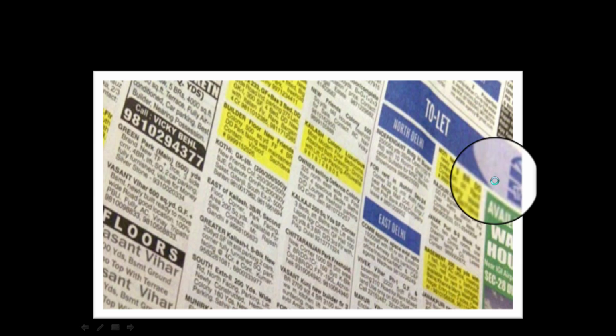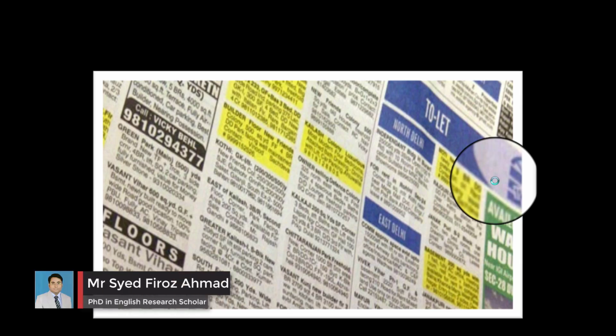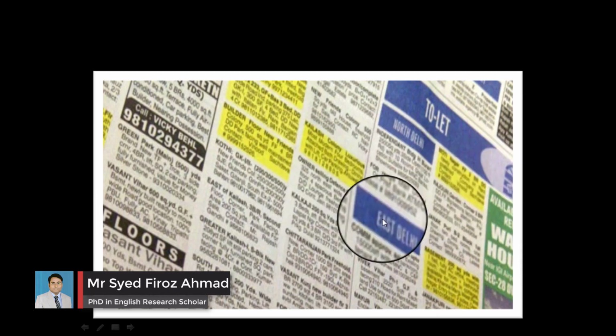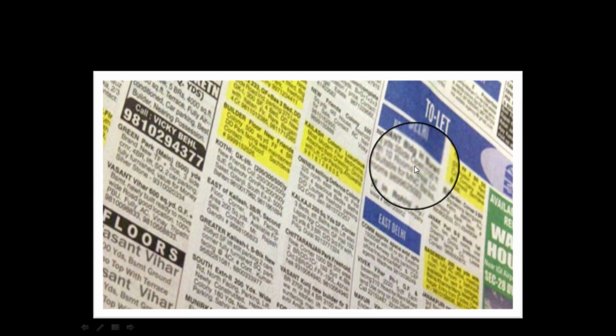As is clear in the picture here, you can see that this is a paper cutout. This is a clip of a newspaper, from the page which is called the classified page.